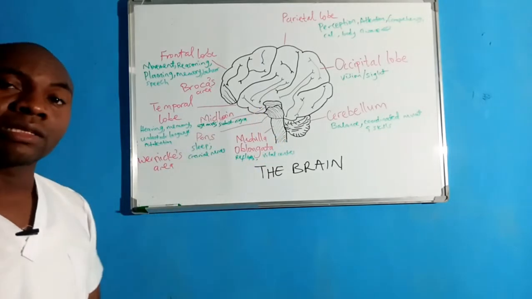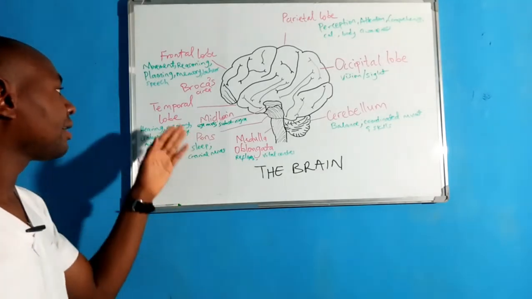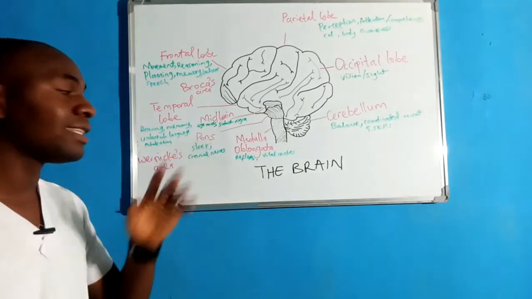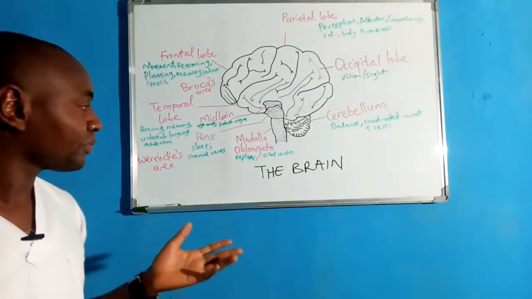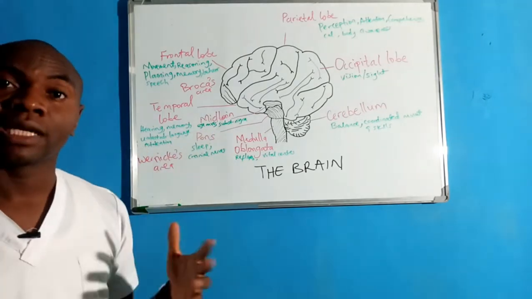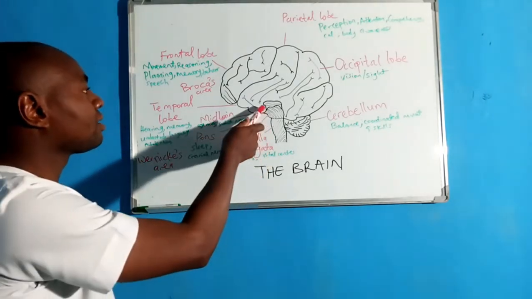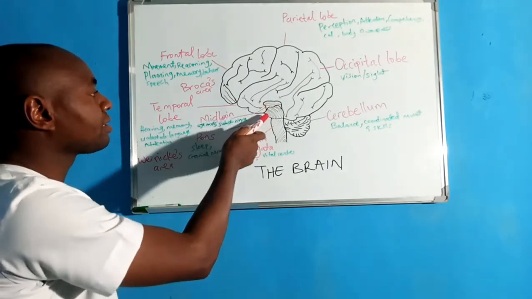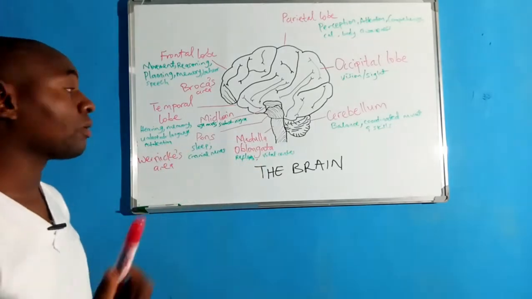Now, for sake of understanding, the brainstem is divided majorly into three parts also. We have the midbrain, the pons, and the medulla oblongata, or simply put, the medulla. But many people know it as medulla oblongata. Now, this is the midbrain, and this is the pons, and this is the medulla. We'll say the medulla oblongata.